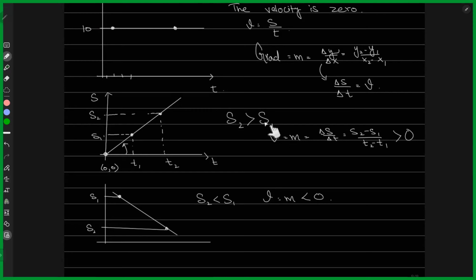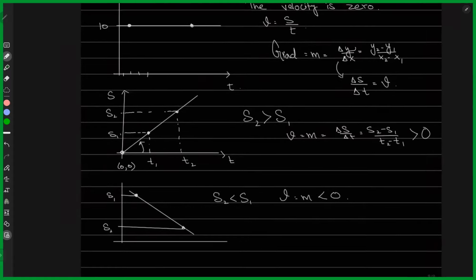So if I find the gradient of this graph, which is always velocity, it would be greater than zero, because S2 minus S1 is greater than zero. It's not negative, so it's a positive number. Similarly, if the curve goes down, then it's just the opposite of everything that we discussed in this one, right?